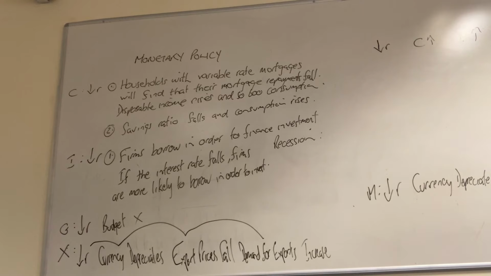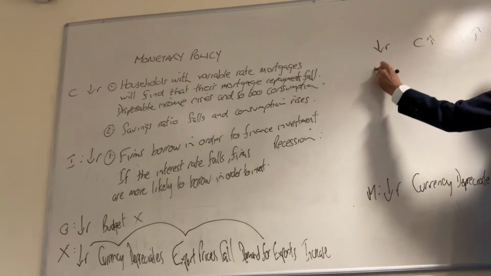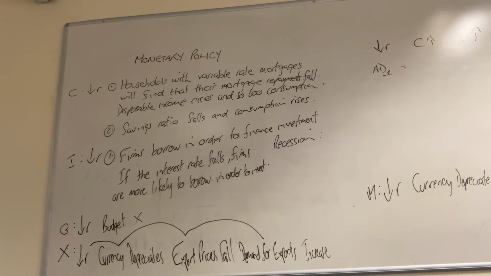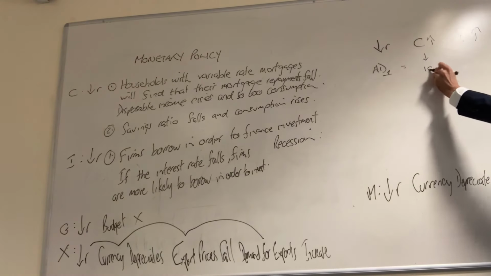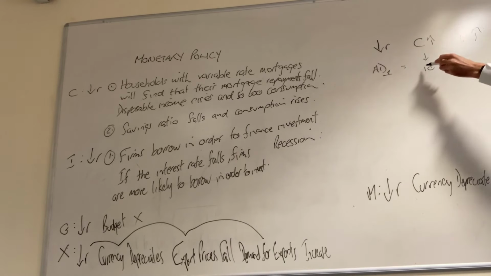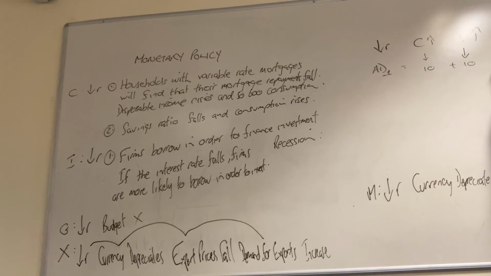Okay. Now I'm going to put some numbers to this. So I'm going to say AD1 equals, so I'm going to put just very rudimentary numbers to this, okay? So 10 plus 10 plus 10 minus 5. So I'm saying C is 10, I is 10, G is 10, and net exports is minus 5.